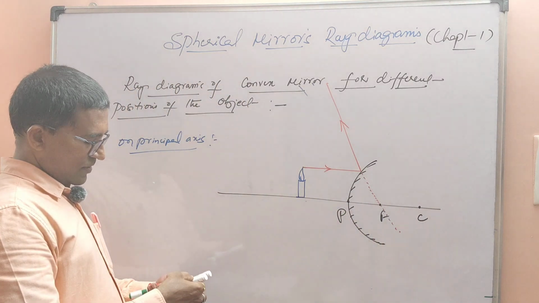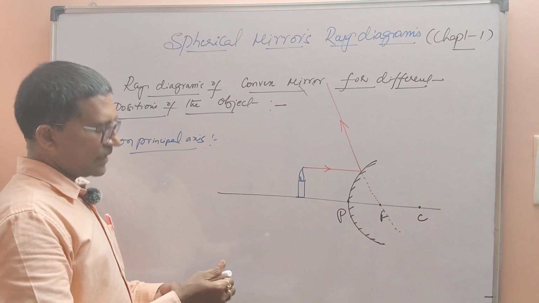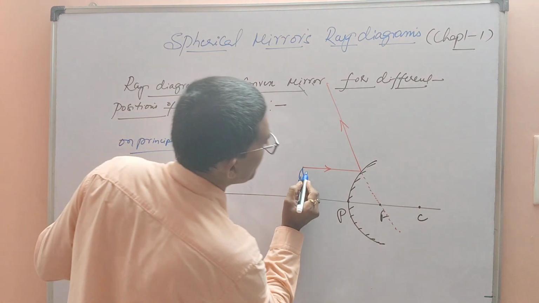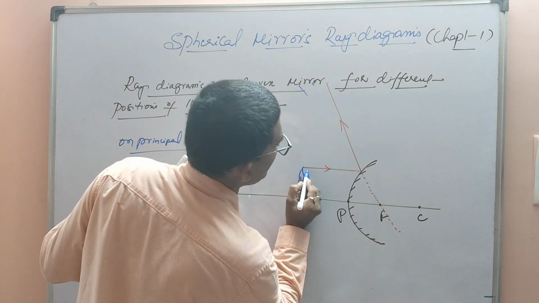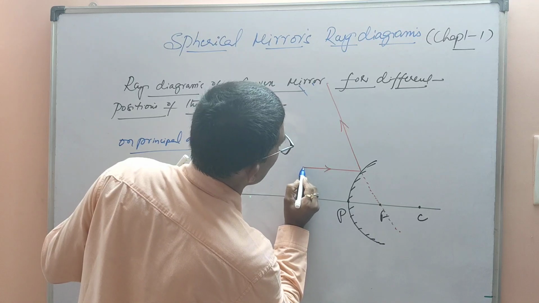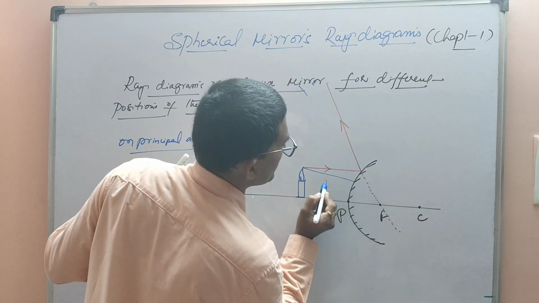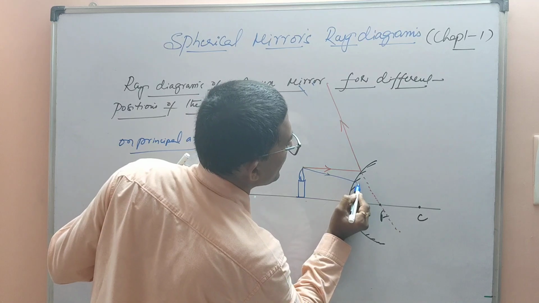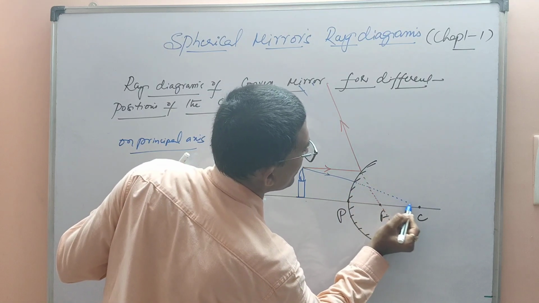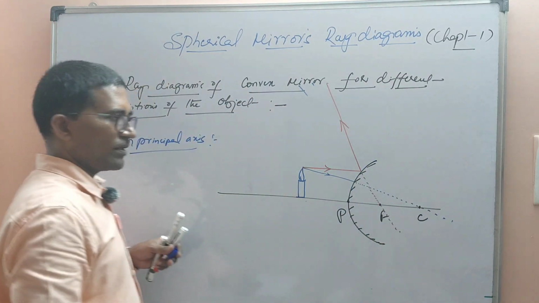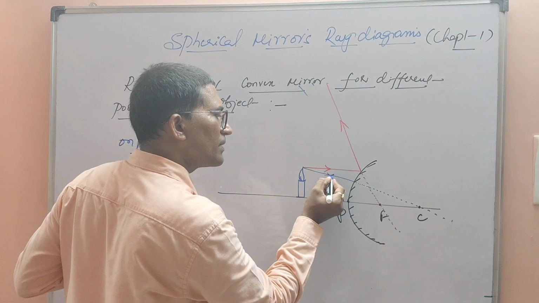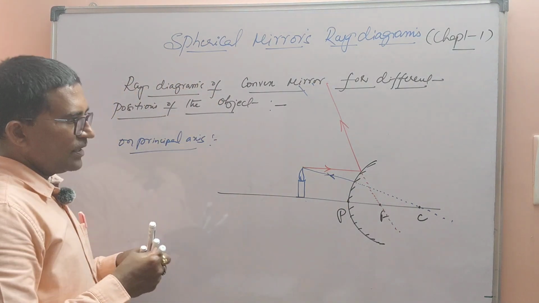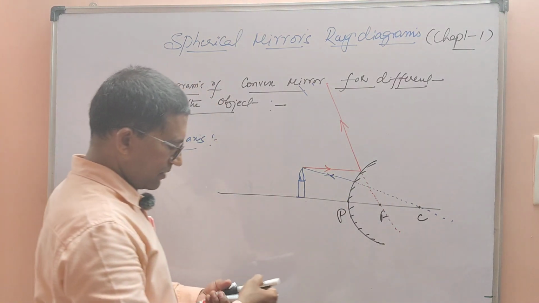Next ray, to see very clearly, I am going to draw using a blue marker. This is the incident ray, and the imaginary line is drawn such that it passes through the center of curvature, and it reflects back along the same path when it passes through C. The image is formed between where?